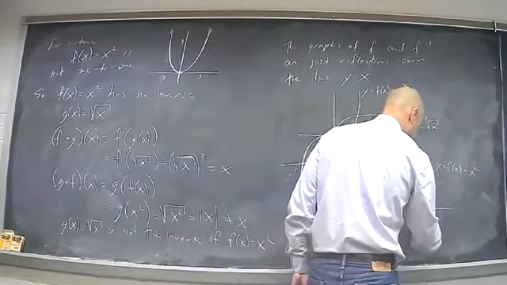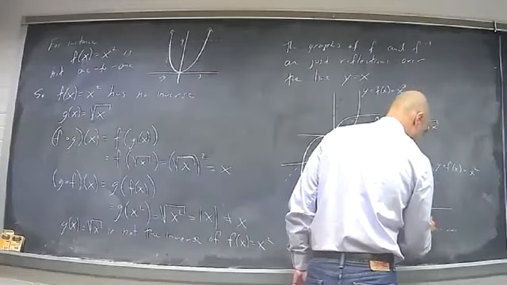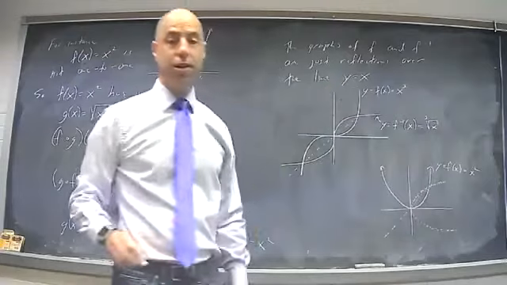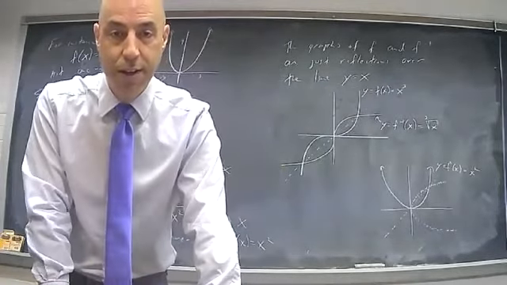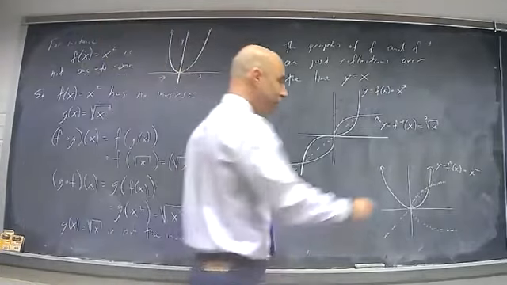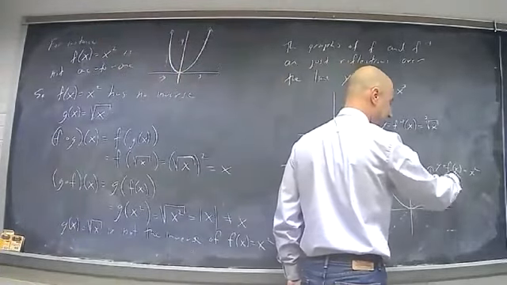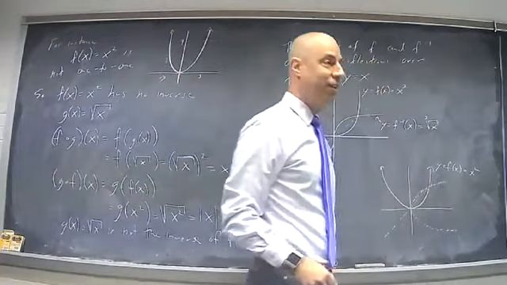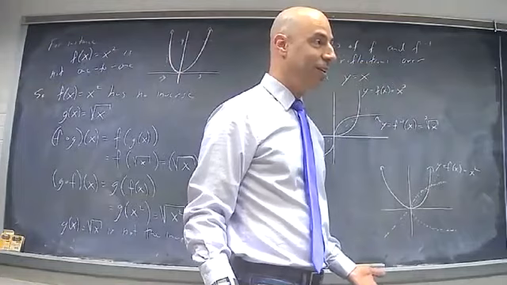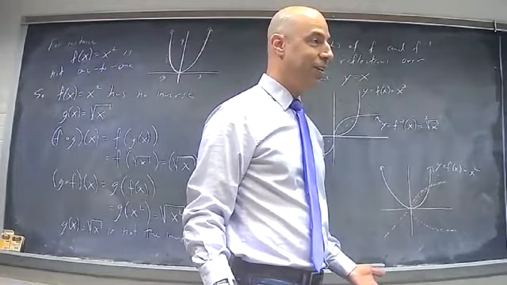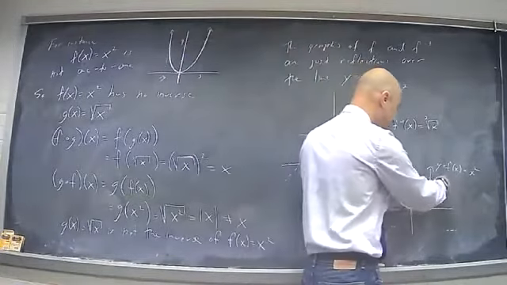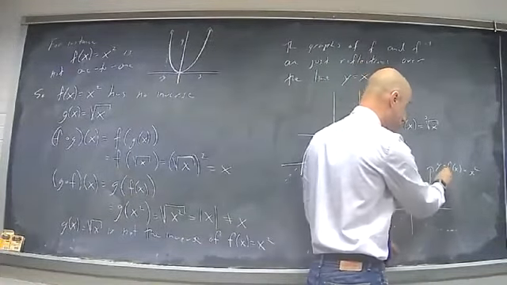A parabola on its side. Why is that no good for an inverse? What's wrong with this thing? It fails something that you know. Well, this one passes the horizontal line test, but it fails the vertical line test.